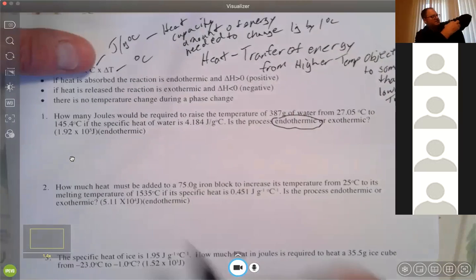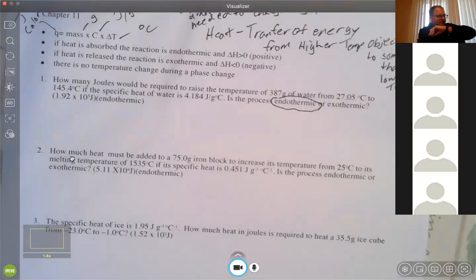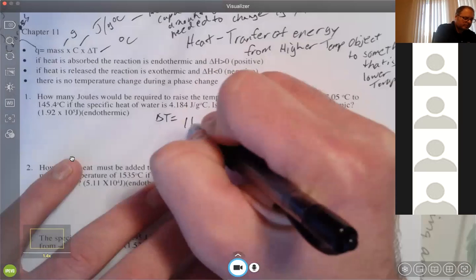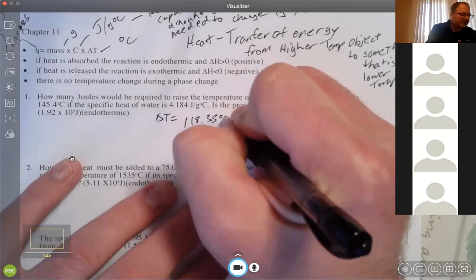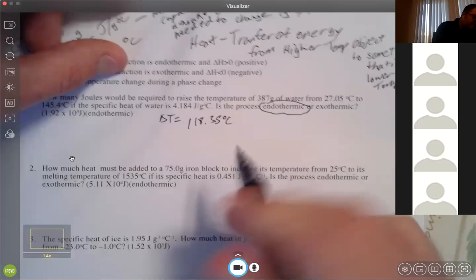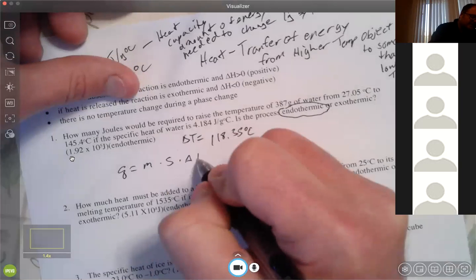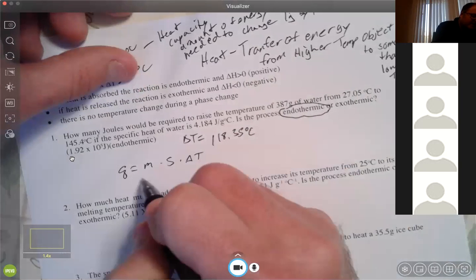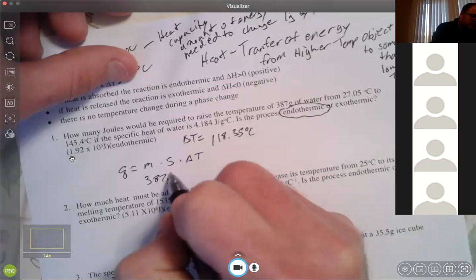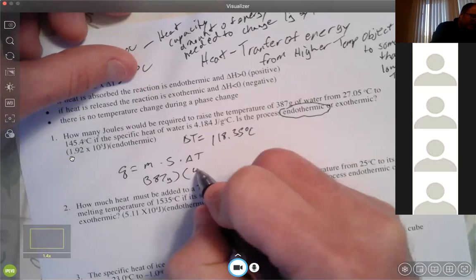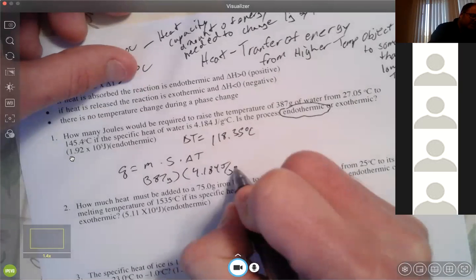Let's find the delta T. 145.4 minus 27.05. The answer is 118.35 degrees Celsius. To find the amount of heat, we take the mass times the specific heat capacity times that delta T. So the mass of this is 387 grams. The specific heat capacity is 4.184 joules per gram degrees Celsius.